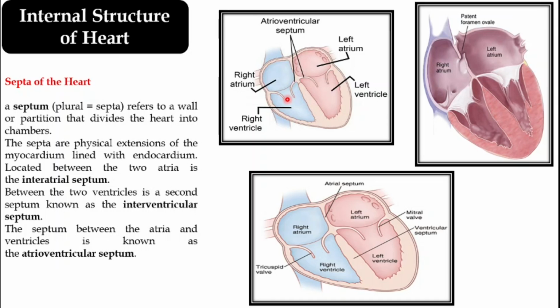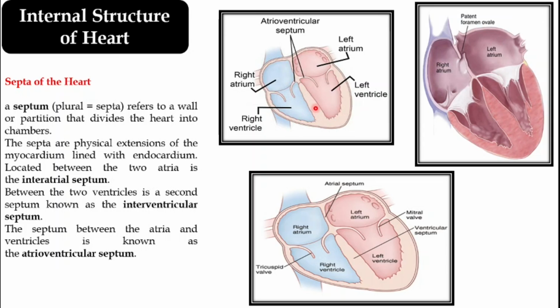Everyone knows the heart has four chambers: the right atrium, the left atrium, the right ventricle and the left ventricle. Now these chambers are partitioned by walls.